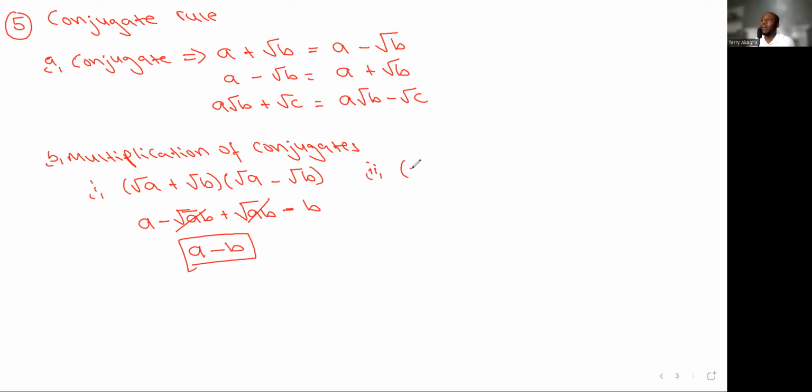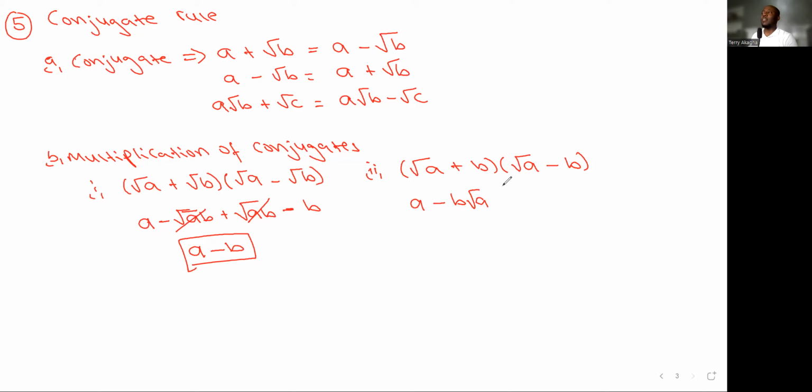I'm going to pick one more just to make it easy. So let's say we have square root of A plus B, for instance. The conjugate for this is going to be square root of A minus B. The same thing: root A times root A is going to give you A. Root A times minus B is going to give us minus B root A, okay?